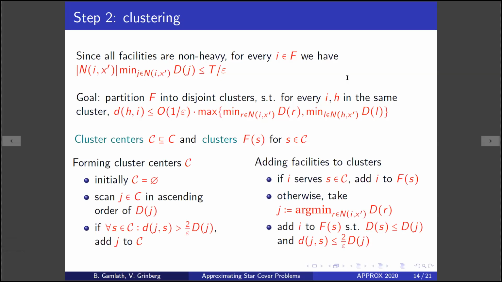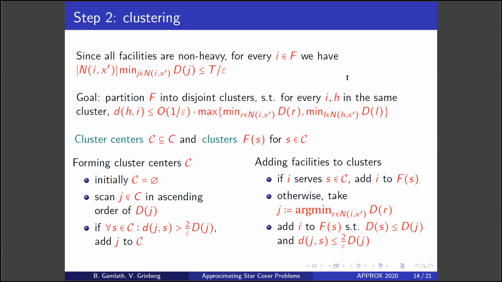We form clusters as follows. If facility I serves some cluster center S, we add it to its cluster. Note that each facility can be served by at most one cluster center simultaneously. If I is not served by any cluster center, then consider J, the client with minimum average distance among the clients I serves.